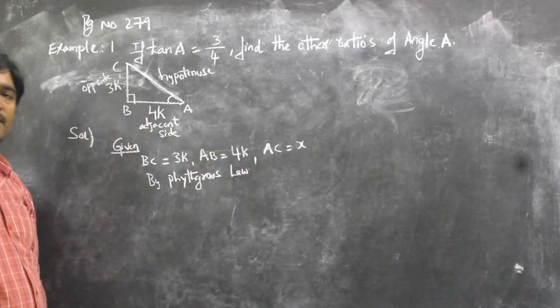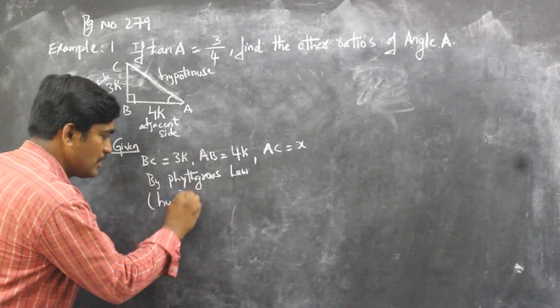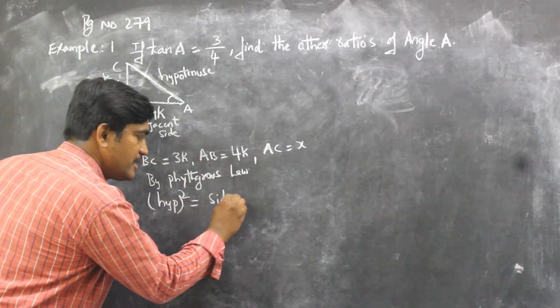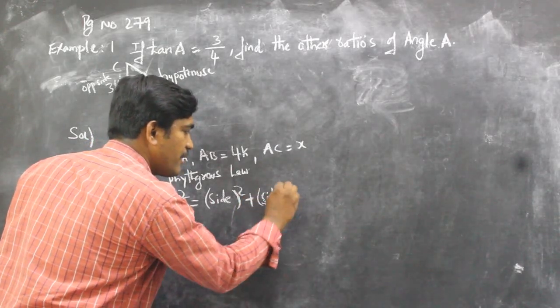What is this Pythagoras law? Hypotenuse square is the sum of the squares of the two sides, side square plus side square.